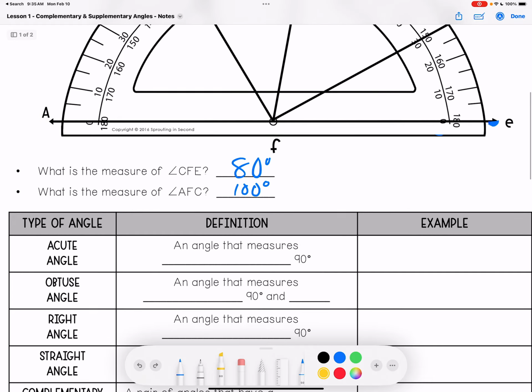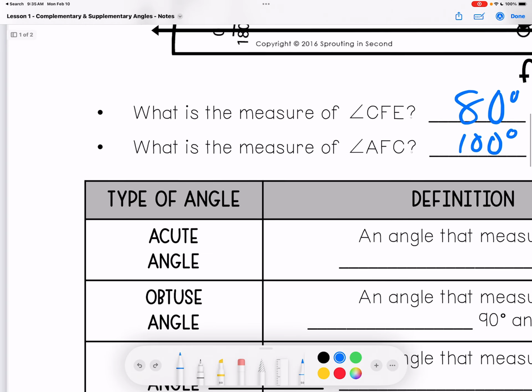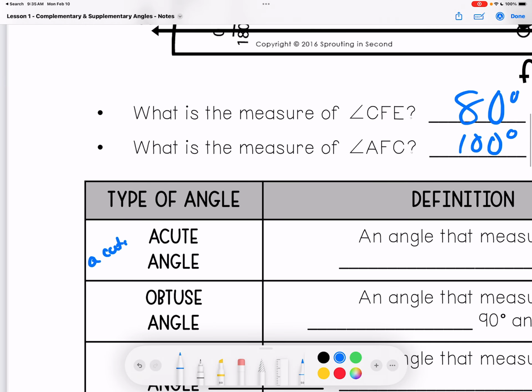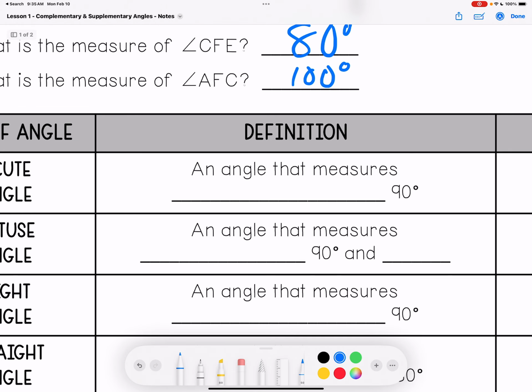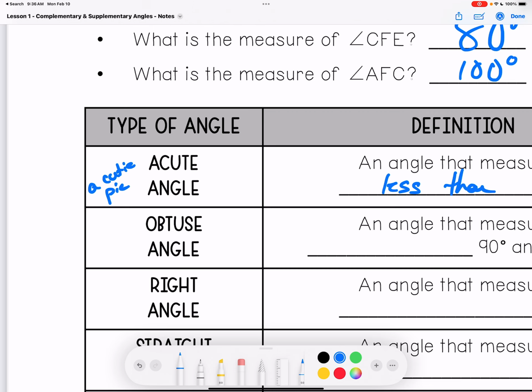All right. Acute angle. A cutie pie. It's like a baby. It's less than 90. All right, obtuse is fat. He's obese. Coach Spartman.